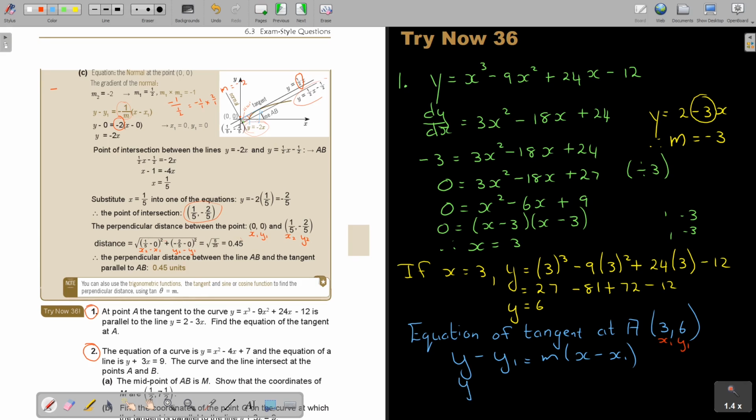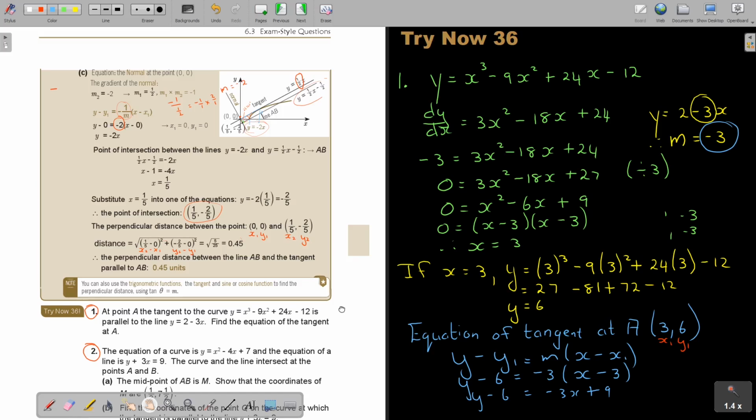So y minus 6 is equal to the gradient, negative 3, times x minus 3. This becomes y minus 6 equals negative 3x plus 9.